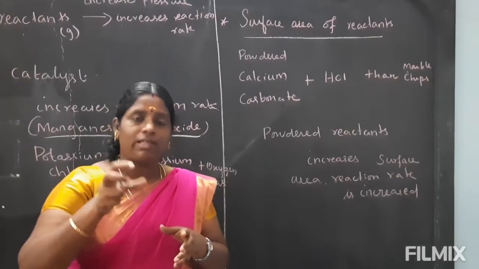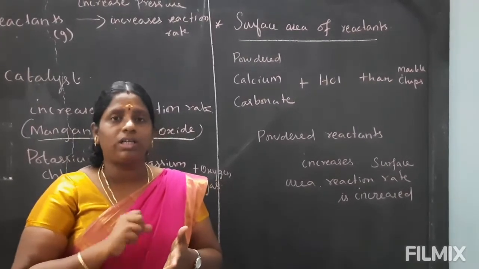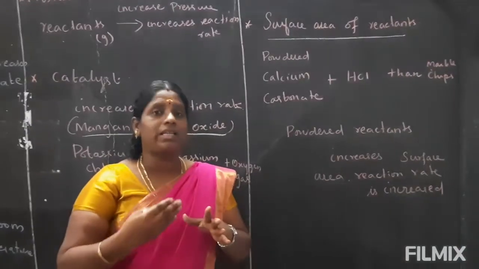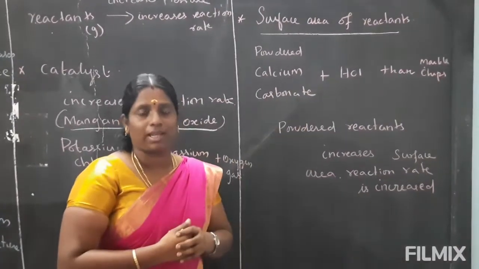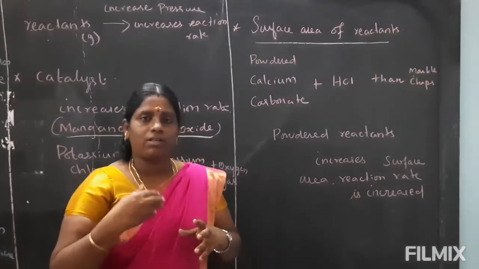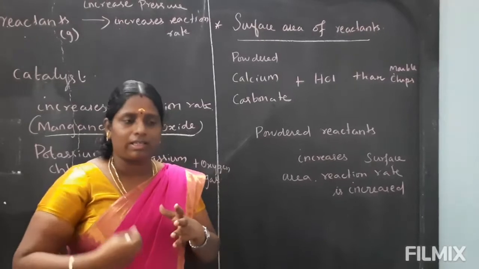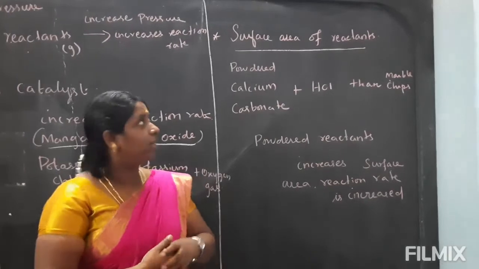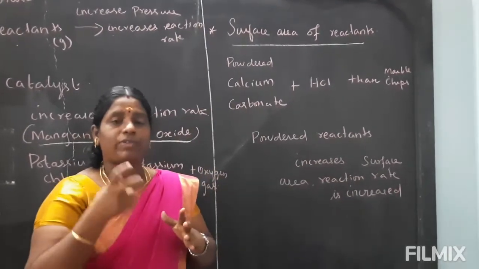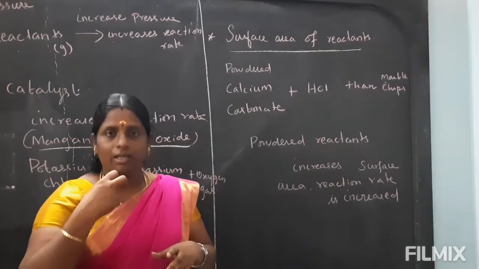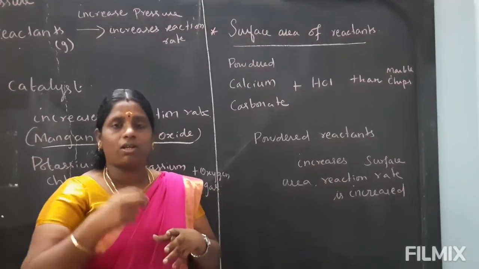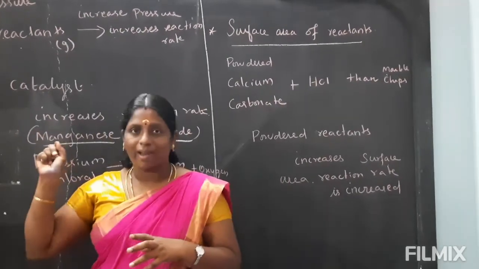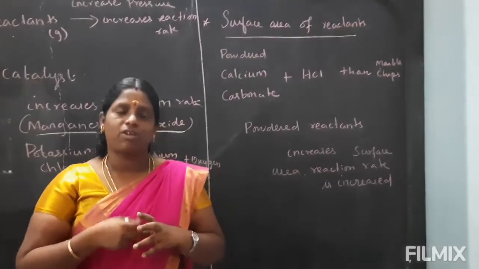But if you take the same solid in powdered form, it will increase the surface area and it will react rapidly with the hydrochloric acid, so we get the product at once. So if the reactant is in powdered form, that also will increase the rate of reaction. These are all the factors which increase the rate of chemical reaction.